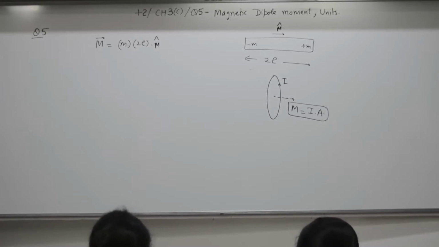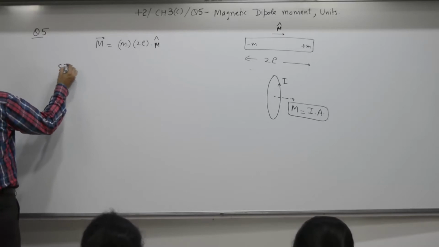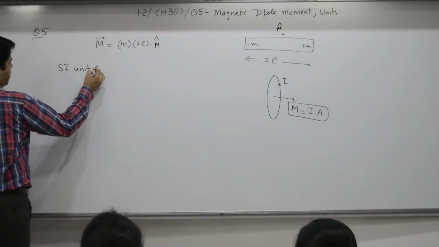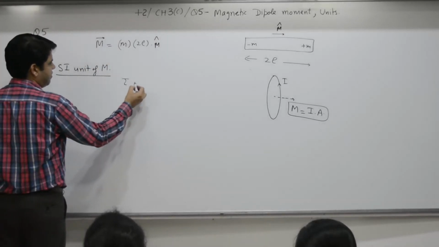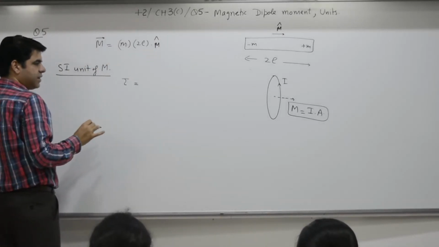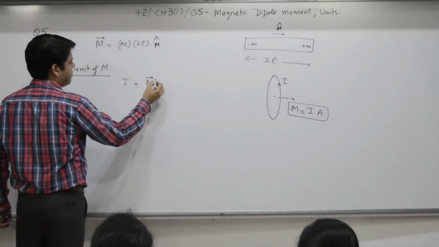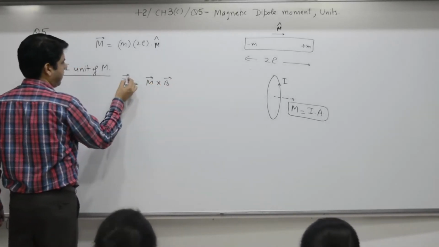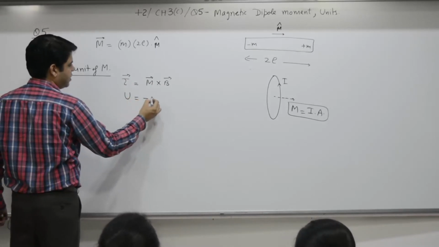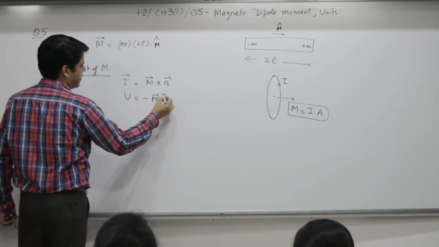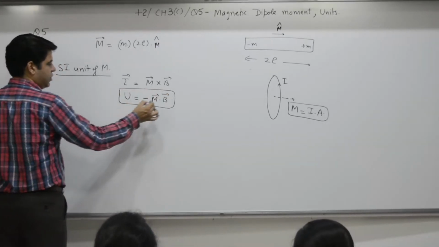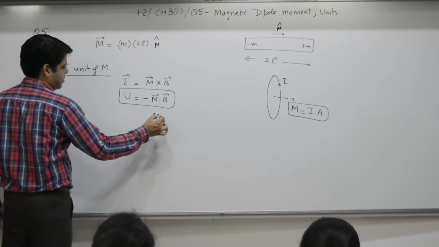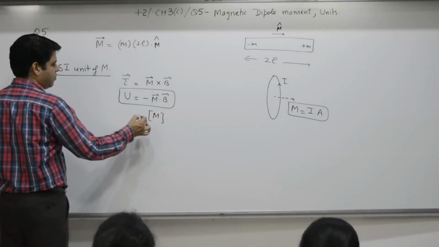This is one part. What is the SI unit of capital M? Torque, we will prove. Whenever a magnet is placed in a magnetic field, torque is M cross B. And energy, to be proved, is equal to minus M dot B. If we pick this one, then units of M will come out to what?